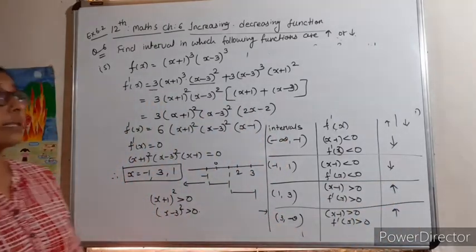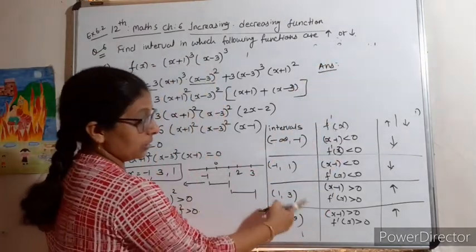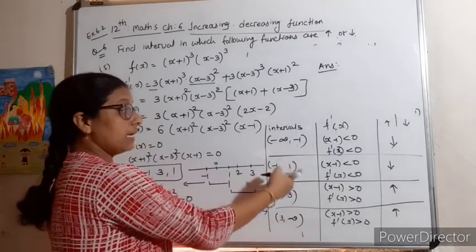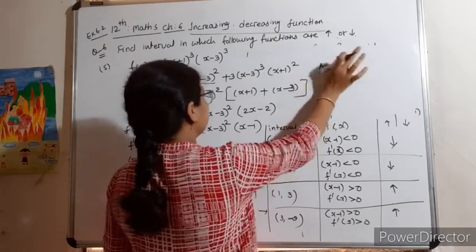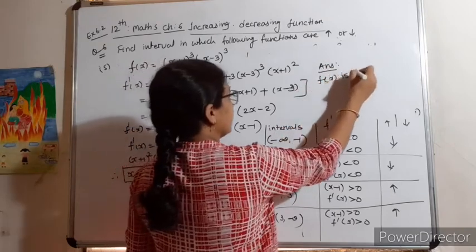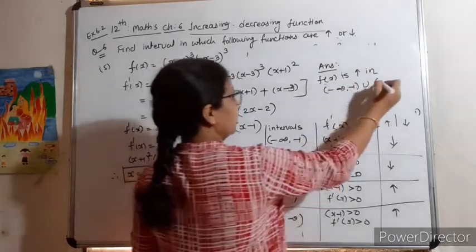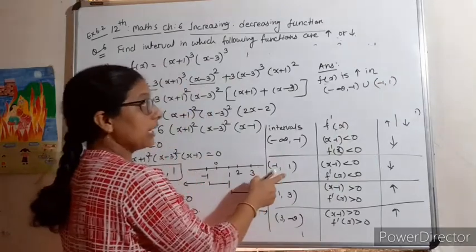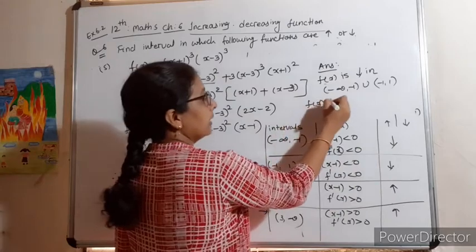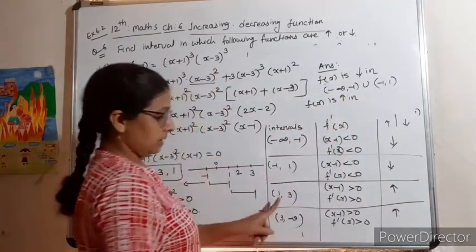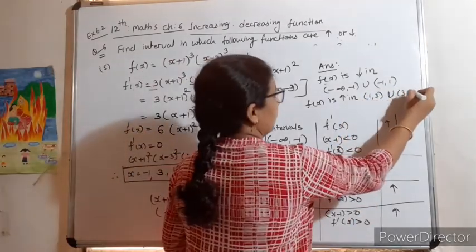So इसका ultimate answer हम कैसे लिखेंगे? It is increasing in these two intervals, while in these two intervals it is decreasing. So we'll write f(x) is increasing in minus infinity to minus 1 union minus 1 to 1. ये दोनों में no, it is decreasing, and f(x) is increasing in 1 to 3 union 3 to infinity.